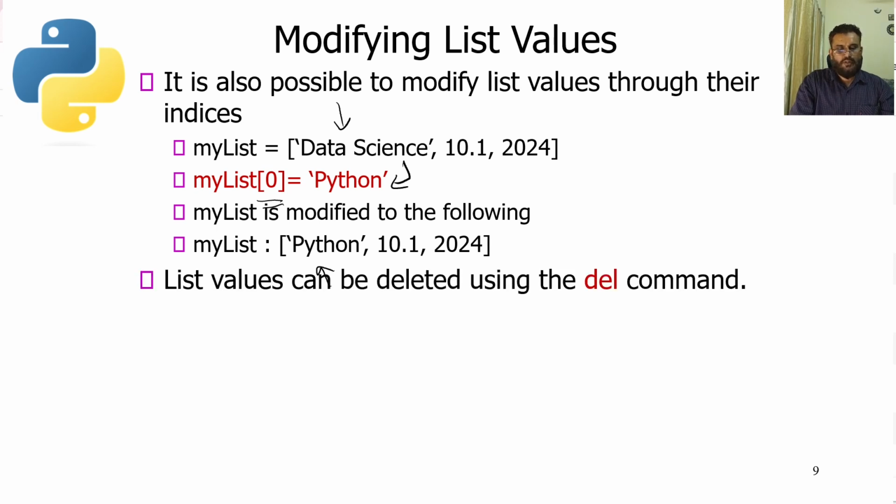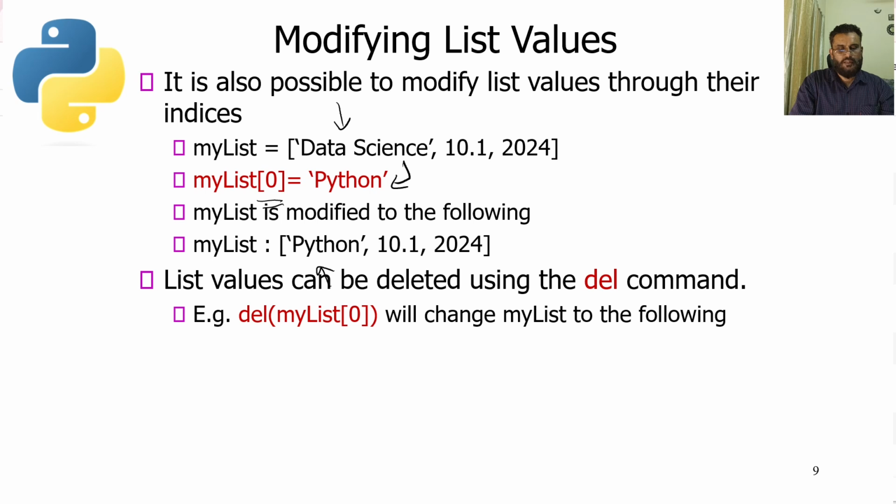Likewise, we can also delete elements from the list by making use of the del command. I just need to pass a specific index, and the contents of that index will be deleted when I invoke the del command. So if I delete index 0, then the Python or data science, whatever it was, will be deleted, and the elements of the remaining 2 indexes will be shown.